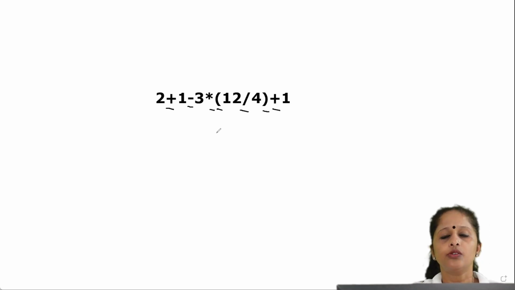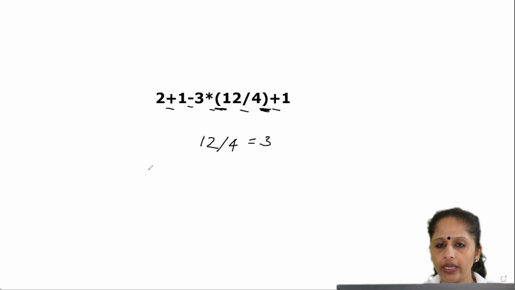Based on the precedence of operators, we know parentheses have the highest priority. So this portion will be executed first, that is 12 divided by 4 inside our parentheses, which is 3. So here you get 3.